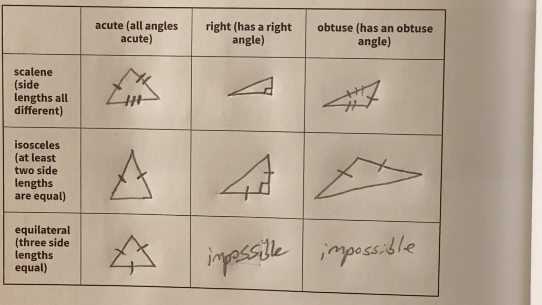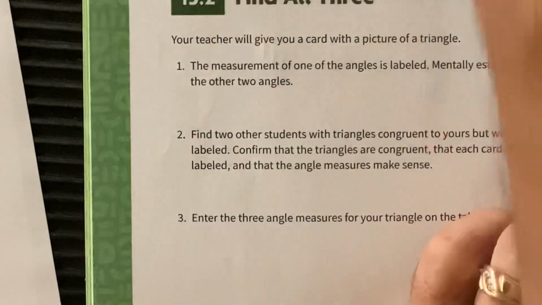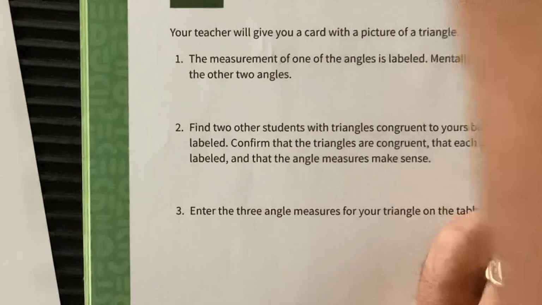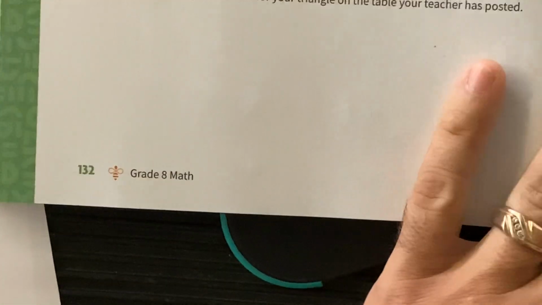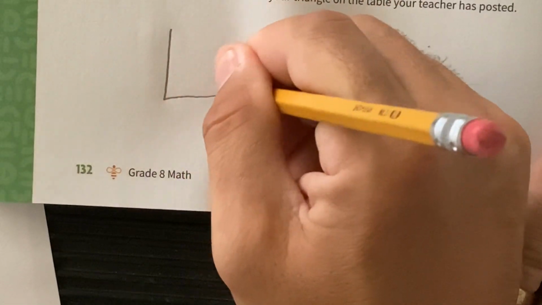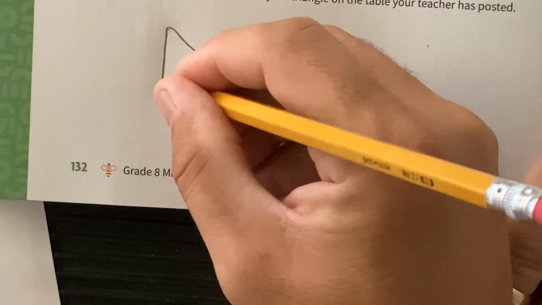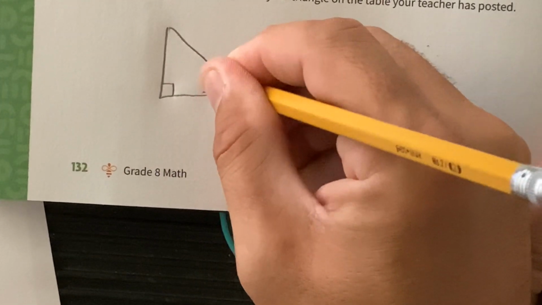Bottom 132. I'm gonna do something a little different here compared to what it wanted to. I'm gonna give you a couple triangles and ask you to find the different measurements that remain. So I'm gonna say this is 32.